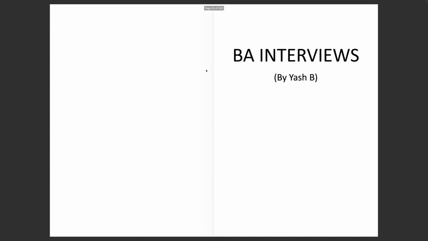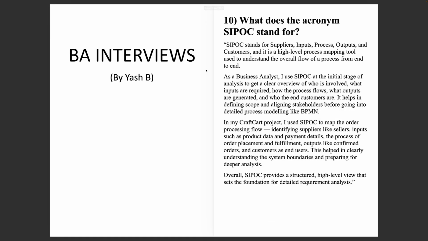BPMN diagrams are basically as-is and to-be processes, the current process and the future process, right? So before that, SIPOC is super important to understand a clear overview of requirements, how the requirements are going to flow, right? So I hope you understand what SIPOC stands for, and I hope you learned something from it.